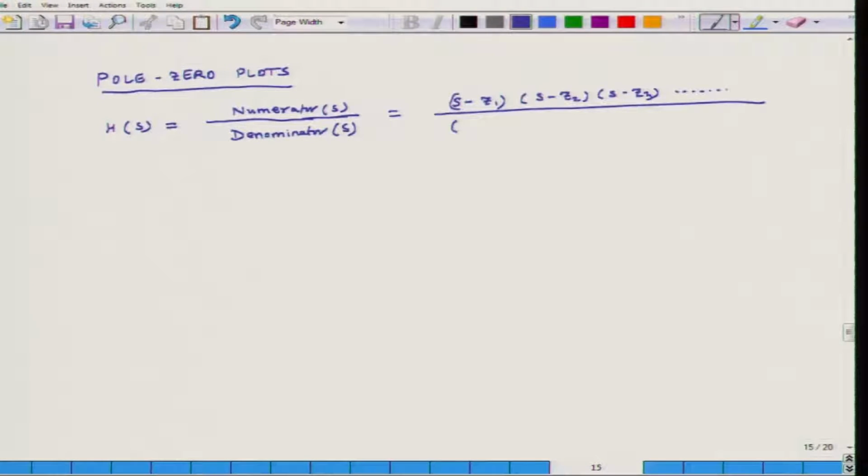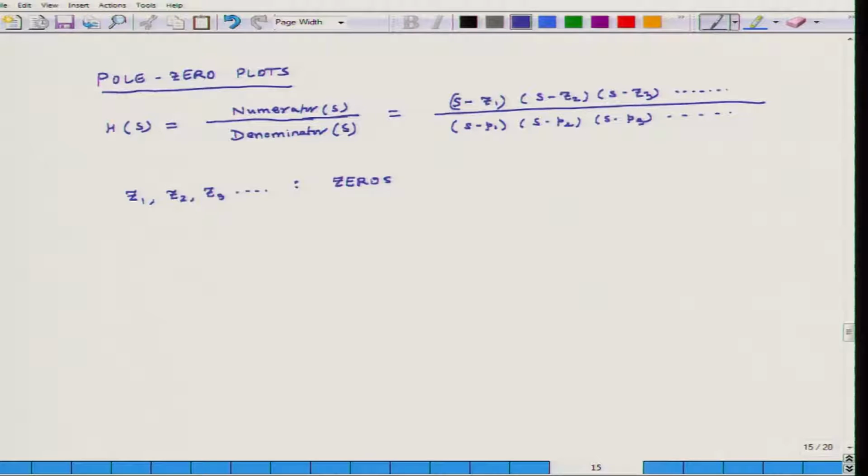And similarly, the denominator will have roots, and its linear factors will be s minus p1, s minus p2, s minus p3, and so on and so forth. So, these z's, z1, z2, z3, and so on and so forth, they are called zeros.